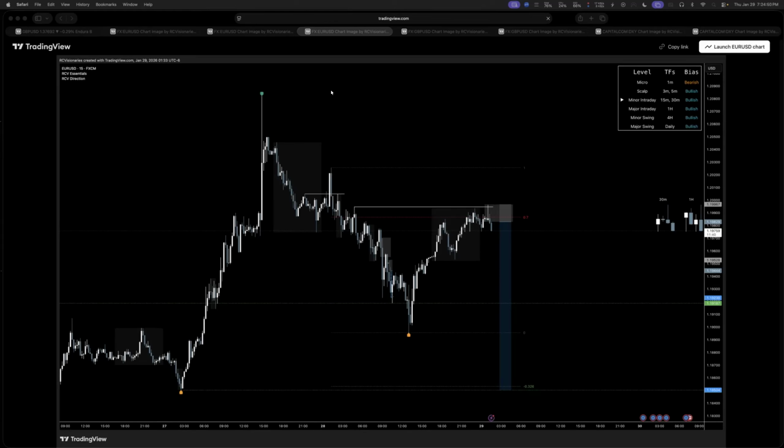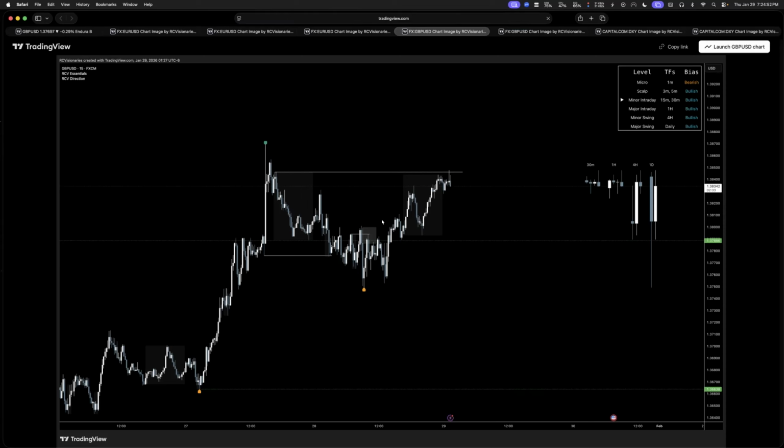So the second scenario was GU, and this is where a bit of nuance comes in, because there are two sets of equal highs being swept on two relatively similar pairs, EU and GU, where we took out one high and we took out two highs. But these two highs aren't necessarily relevant individually.